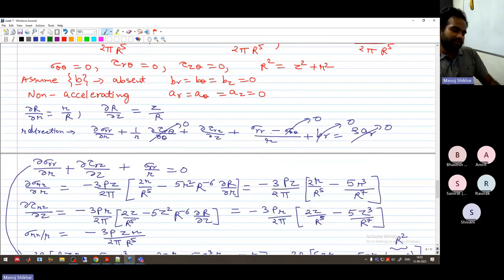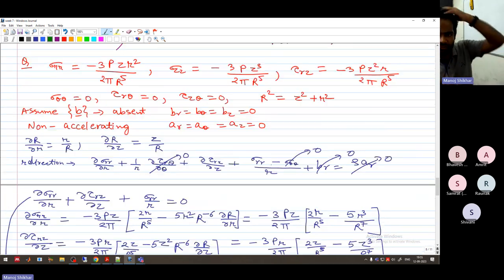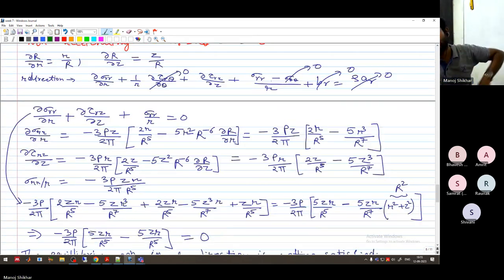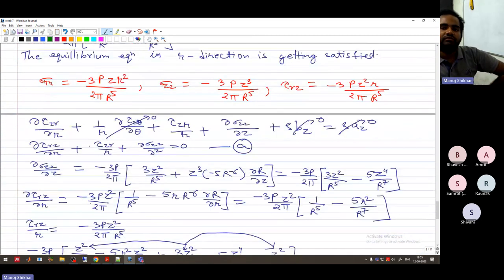So generally in these kinds of questions, the steps will be the same. Either you will be given a full-fledged 3D displacement and they will ask you to calculate the epsilon or the shear strain, or they will give you the expressions of sigma and ask if it satisfies the equilibrium equation or not.